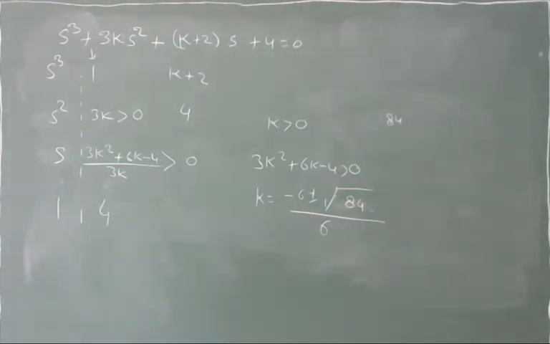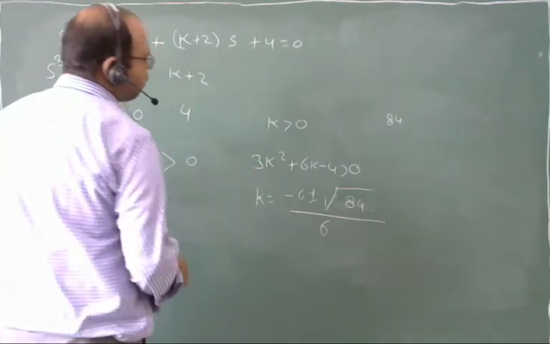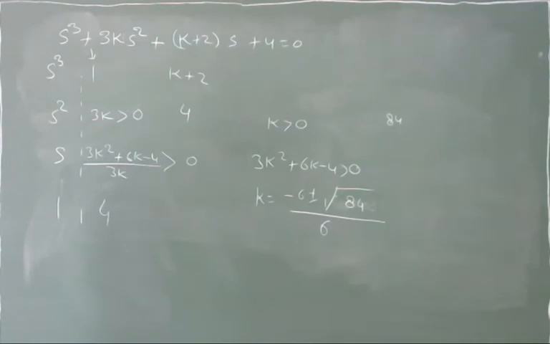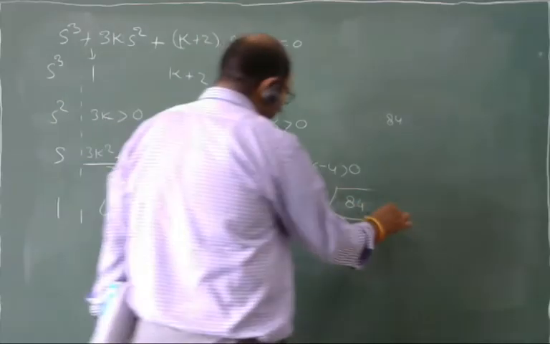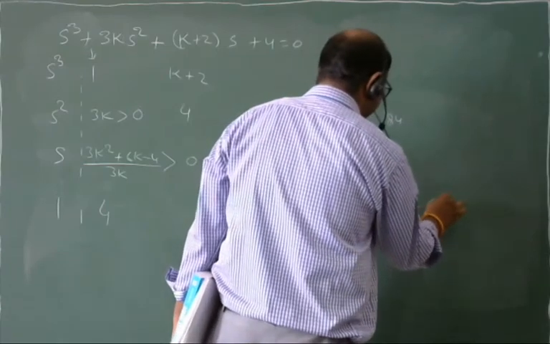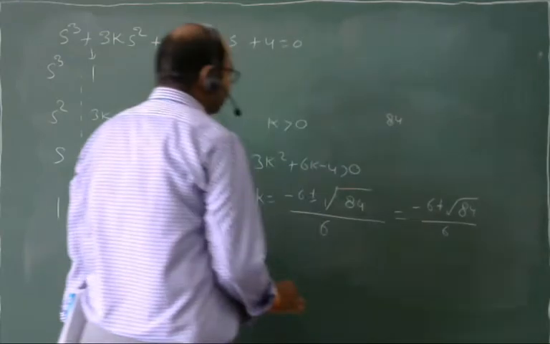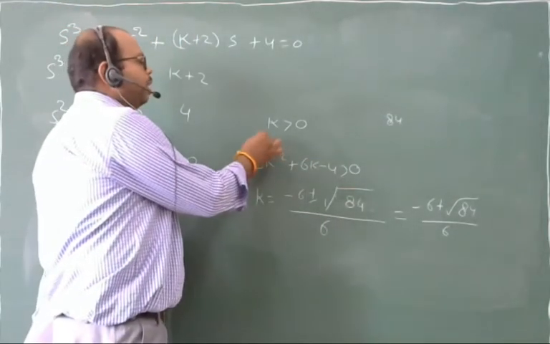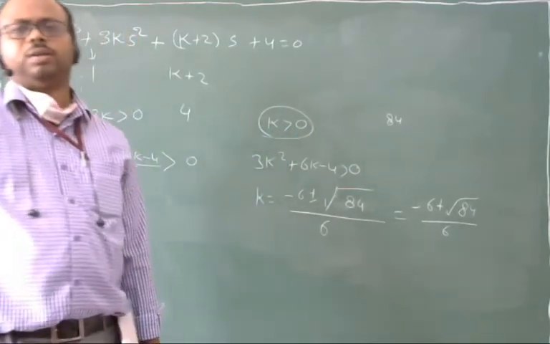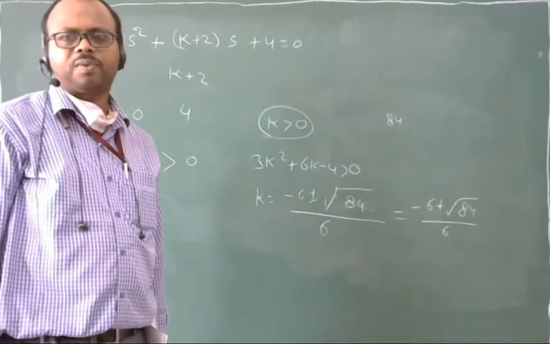This is the range of k, meaning we will consider the value minus 6 plus under root 84 divided by 6, because the second one will be negative and k should be greater than 0, therefore that value should not be considered.